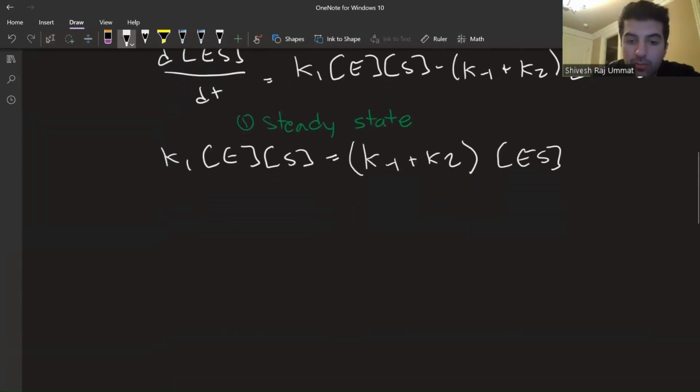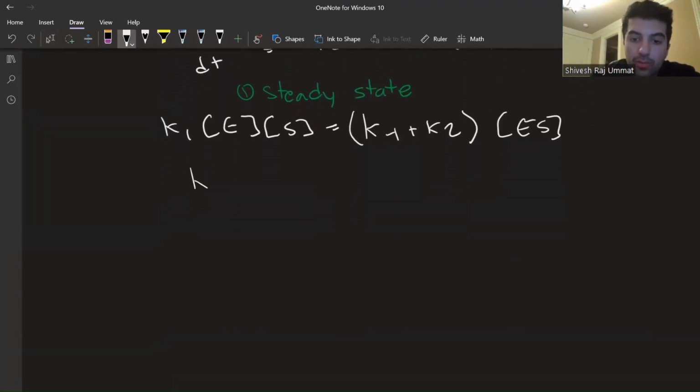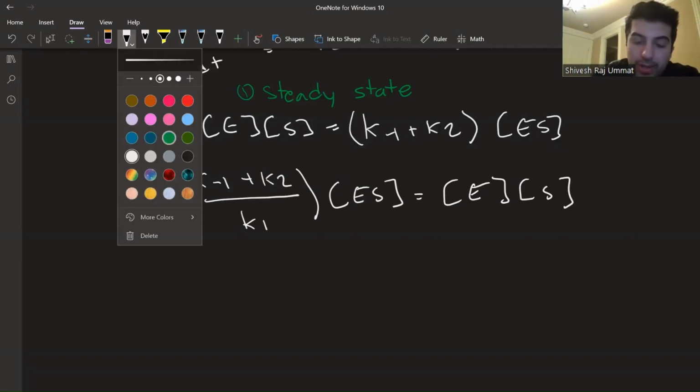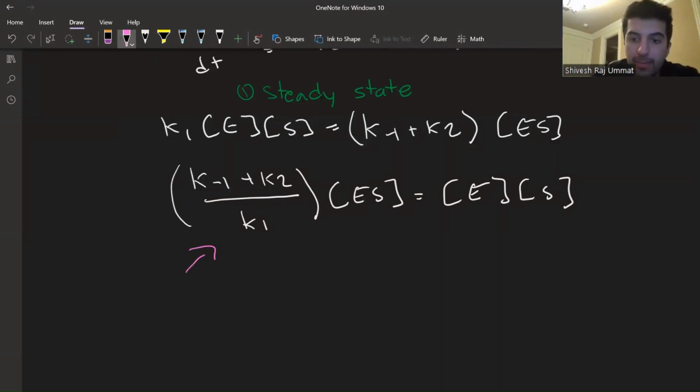And it's going to be helpful for us to pull all of the constants over to the left side so we can group all of the K's together and we get them all on the left side. And it's going to be really helpful for us to simplify this term into one singular Michaelis constant called Km.